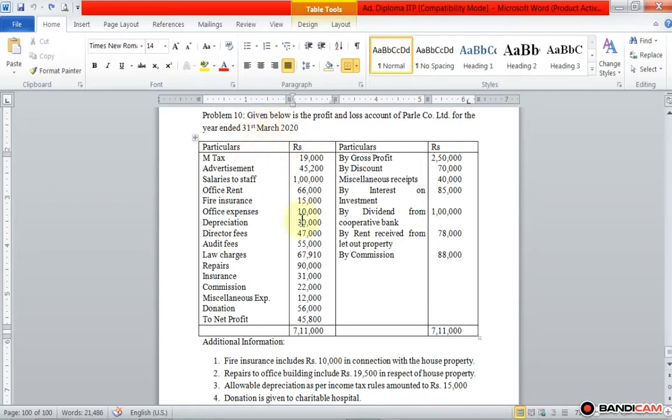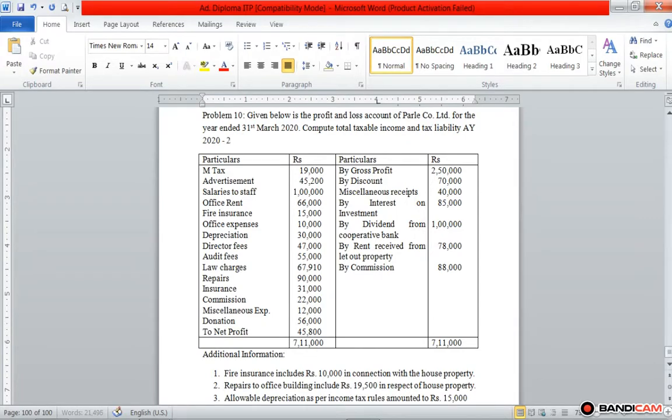On the information provided by Parle Company Limited, we have to compute the total taxable income and tax liability of the company for AY 2020-21.